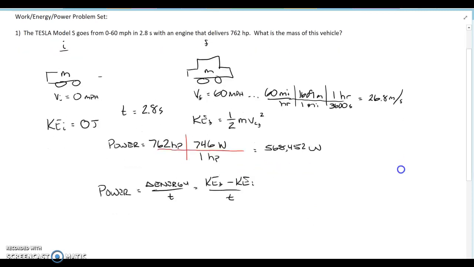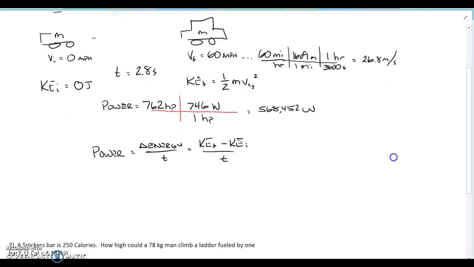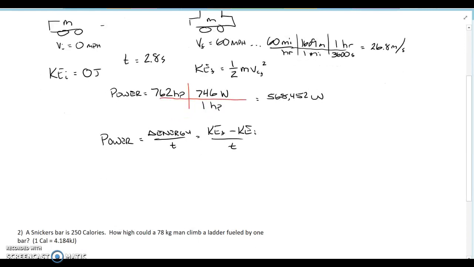Apologize for that. So we have our power, we have our velocity, we have our time. I'm going to take this equation and plug in what I know.